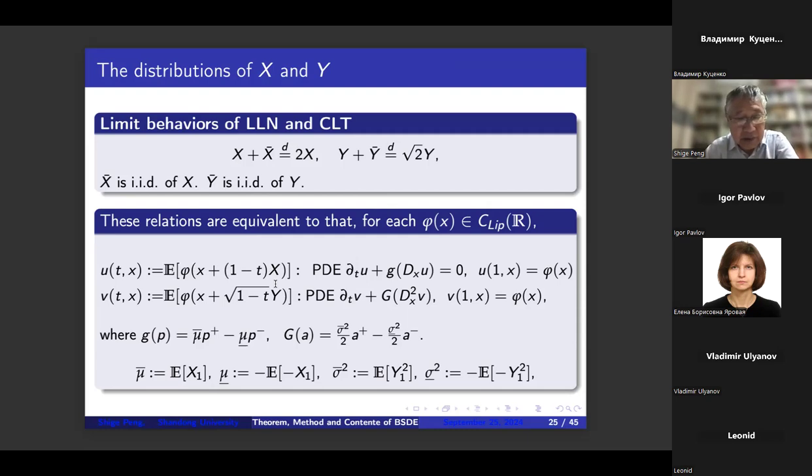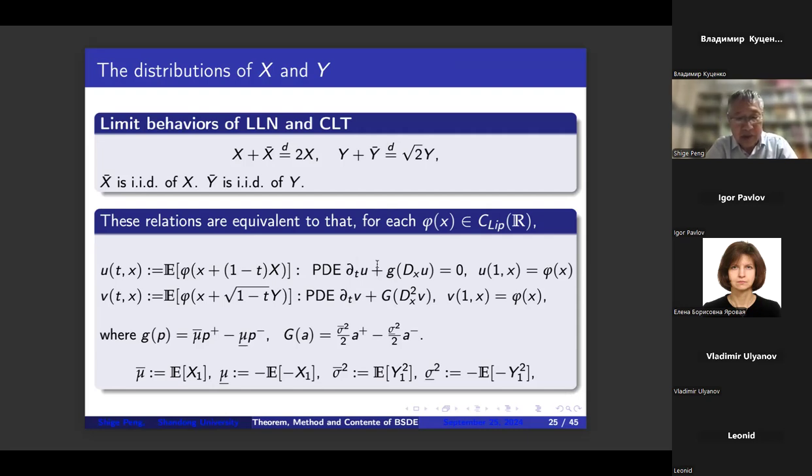Of course, we can use this part, which is a sort of generalized Monte Carlo. We can also come here, which is the PDE. We can use either part.